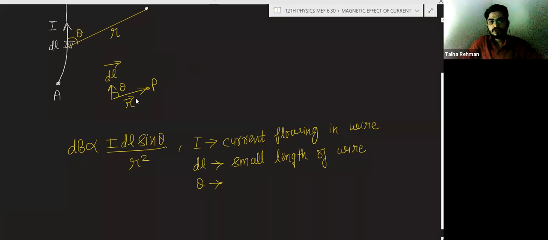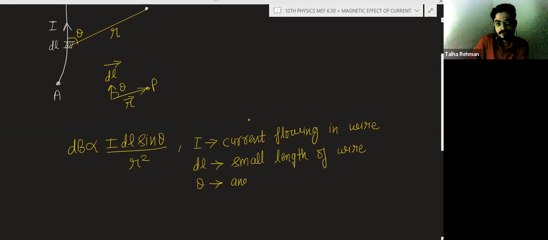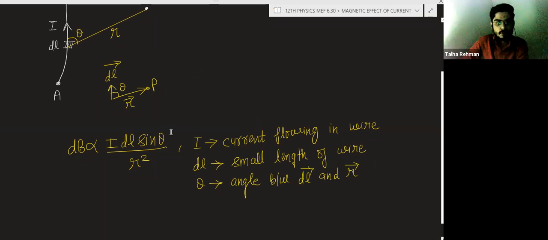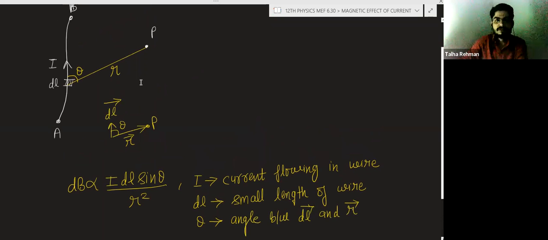And r is the position vector. So theta, simply you can say, is the angle between the dl vector and the r vector. When you take just the magnitude of the r vector, you will get this distance r.